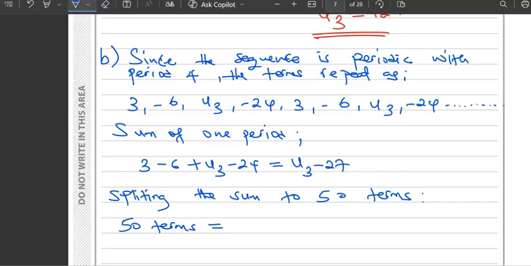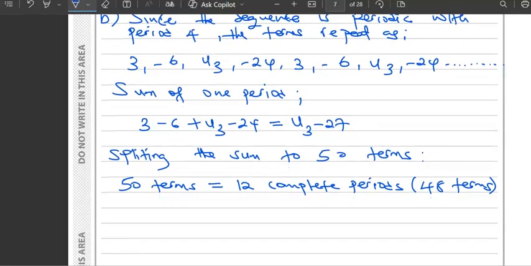Of course, 50 divided by 4 is 12 plus 2 extra terms. So this is equivalent to 12 complete periods, which gives you 48 terms, then plus 2 extra terms, the first term and the second term.